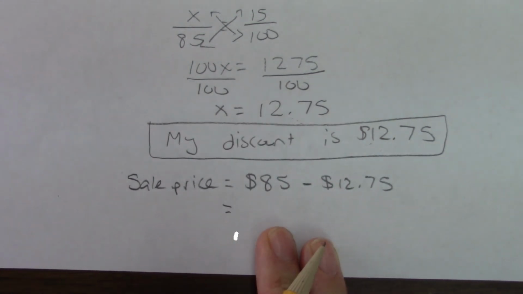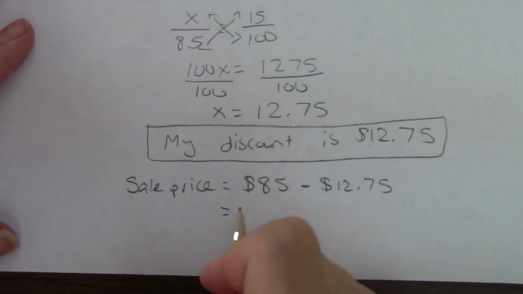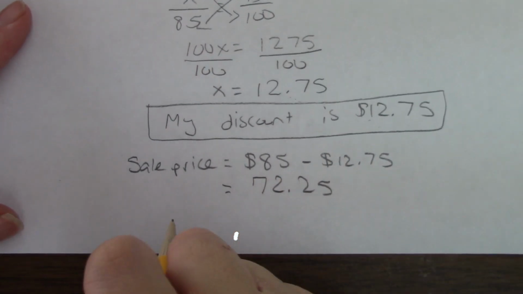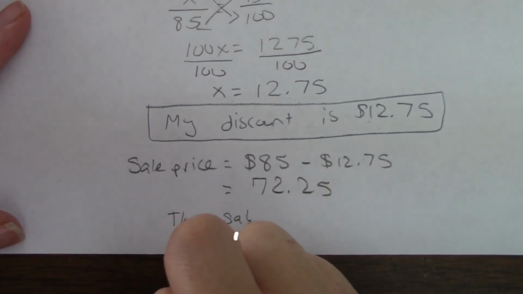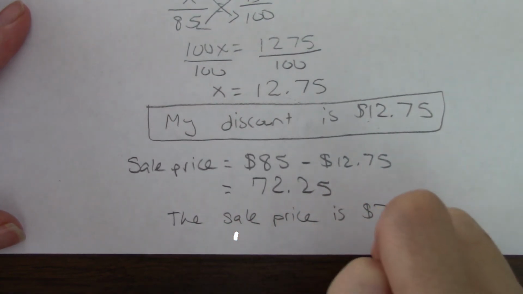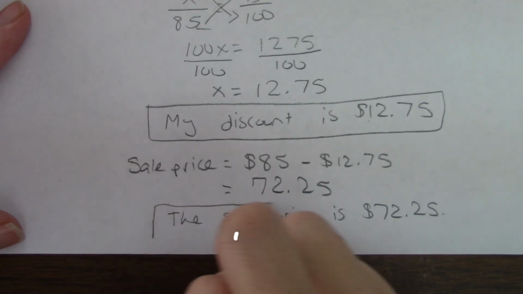When I subtract that, I should get $72.25. So the sale price is $72.25. So that is my final answer.